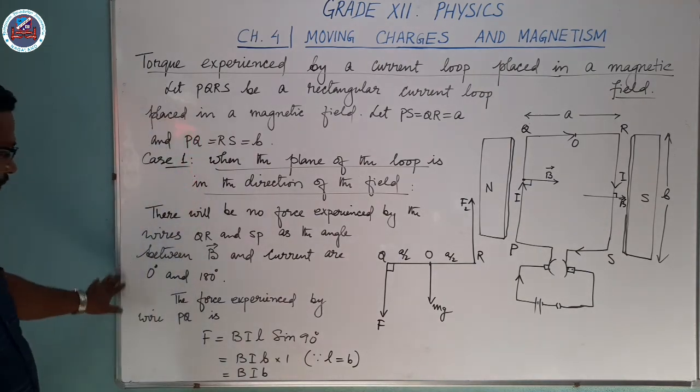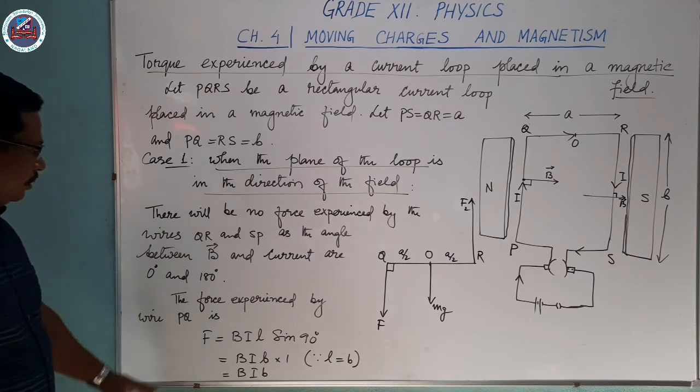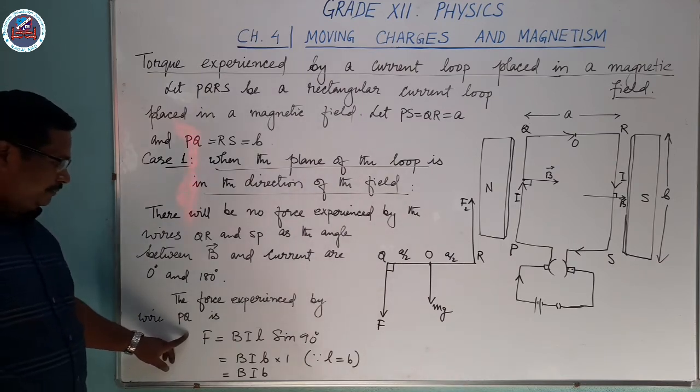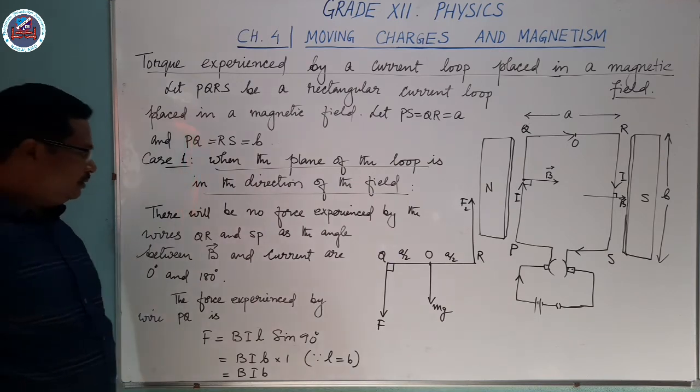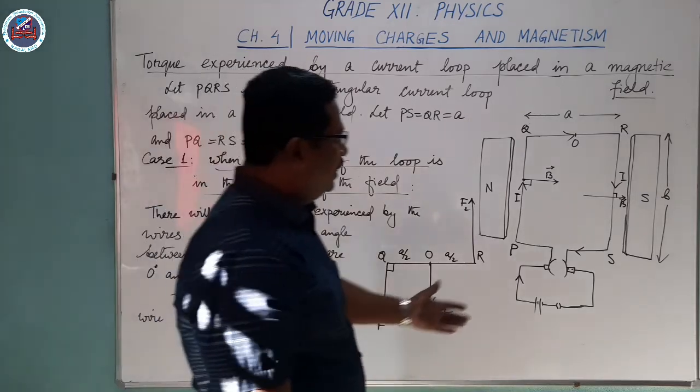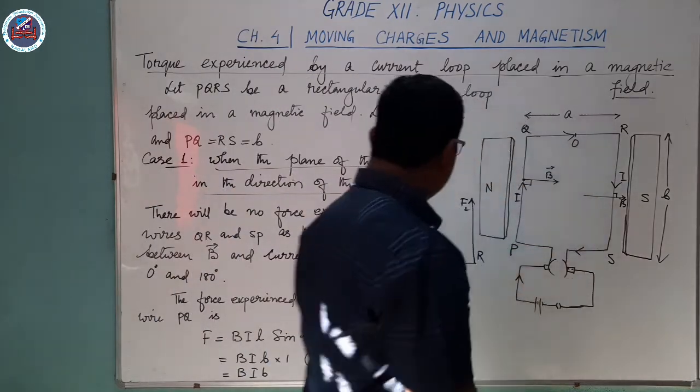Now after finding the force, the torque experienced, this is for one side of the wire. The other side of the wire, RS, also will experience the same force BIL.